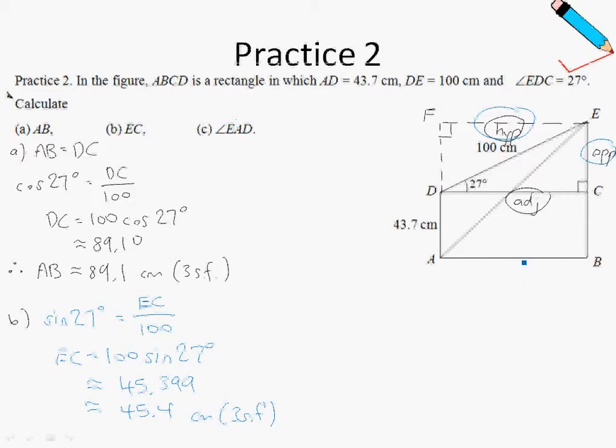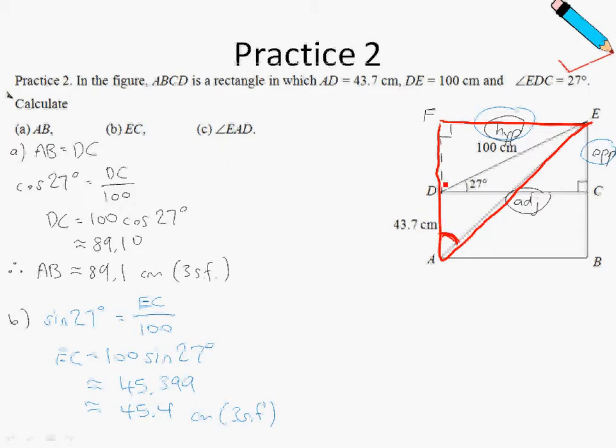Okay, now for part C, I'm looking for angle EAD. Okay, so in order to look for angle EAD, which is this angle over here, I will be making use of this triangle. Just to make it look clearer, making use of this triangle you see over here. Okay, so I'm looking for this angle.